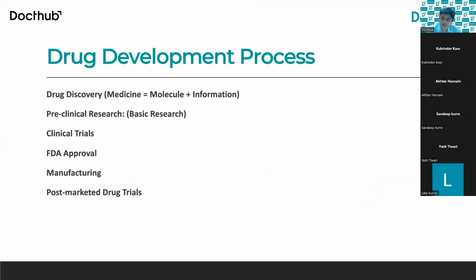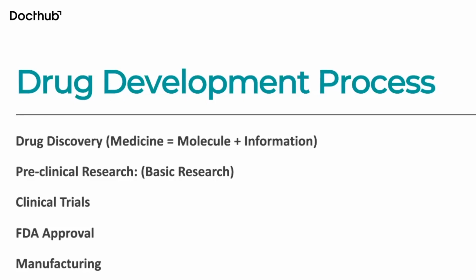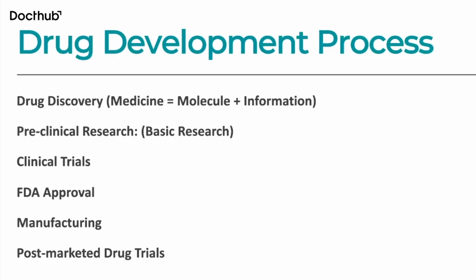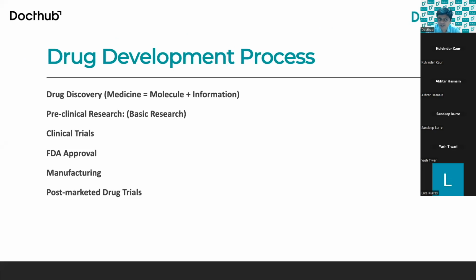So let us know what the drug development process is. There are 6 steps in any pharmaceutical company. What they currently follow is, first, they look for drug discovery. And what is that? Basically a medicine, which means molecule plus information. We know that. The second step is preclinical research, which is the basic research. Then the third stage is clinical trials. After clinical trials, they apply for FDA approval, which is the Food and Drug Administration.